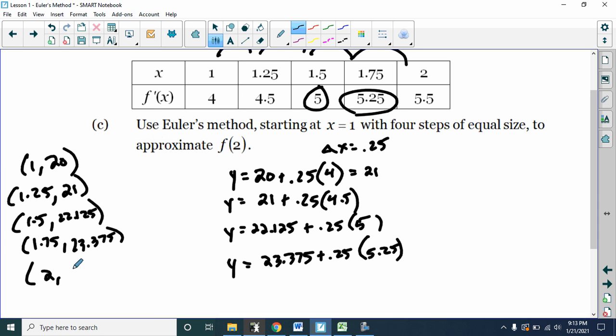That gives 24.6875. Rounded to 3 decimals, 24.688.